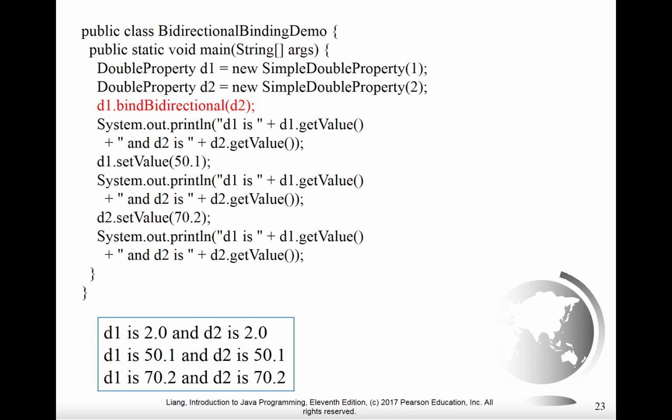So you can no longer tell whether you did a d1.bindBidirectional(d2) or whether you did a d2.bindBidirectional(d1). You can only tell at the beginning, and then after that, once you get moving and you start to change either value, they become indistinguishable one from another.